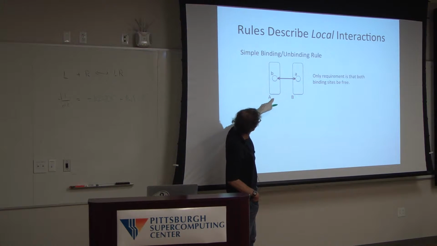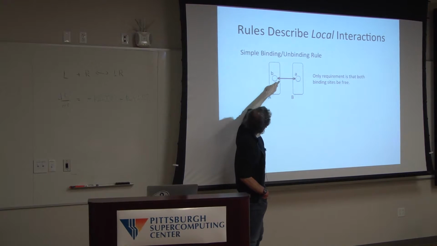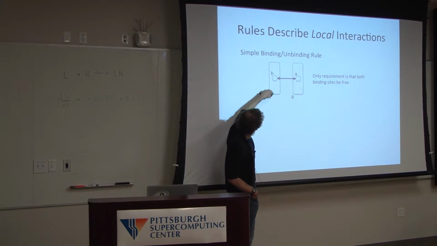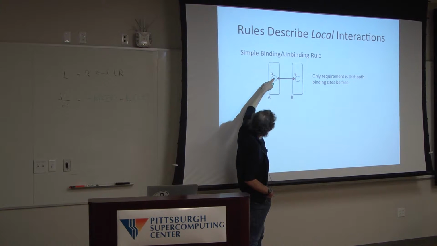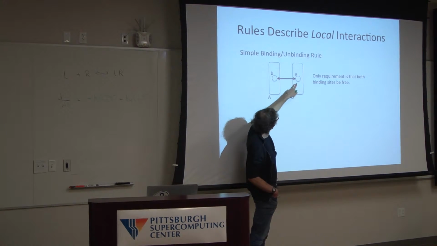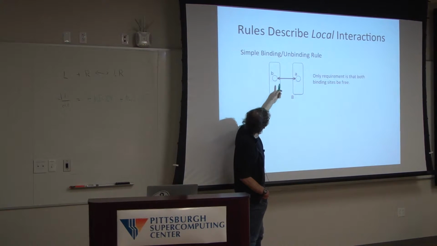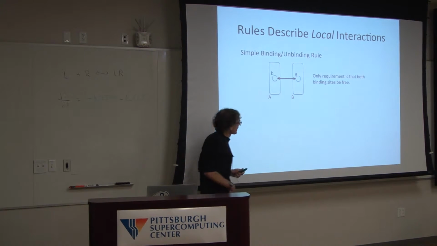So we have two proteins, A and B. They're going to form a bond. And they have here cognate binding sites. So the convention that we often adopt in the absence of further information is that the protein A has a cognate binding site for protein B, and we call it little b, and vice versa. And so this rule just says A binds B through these cognate binding sites.